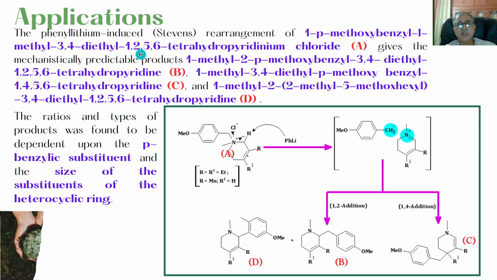So 3,4-diethyl 1,2,5,6-tetrahydropyridinium chloride. So this is a tetrahydropyridinium chloride.